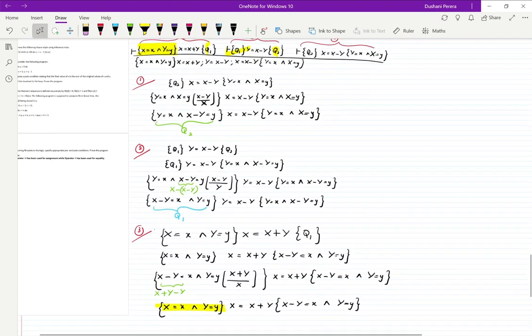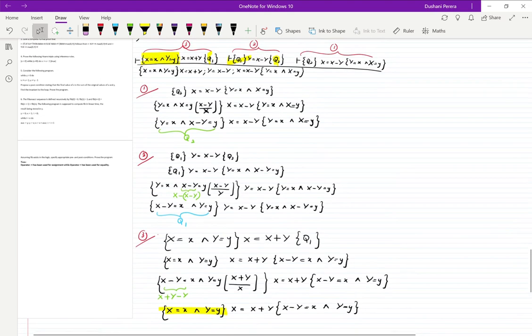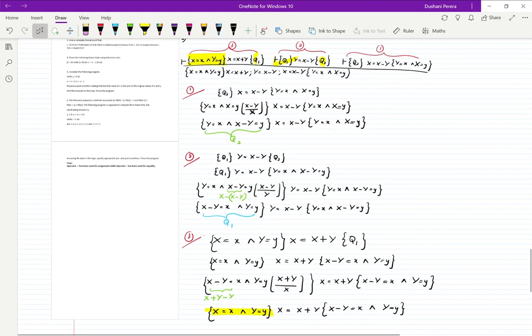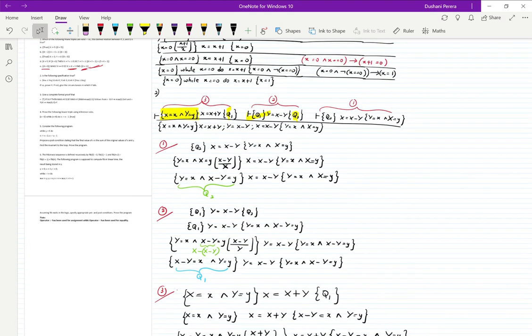So we got the same answer after applying the rule for composition and the assignment rule. We got the same answer as the precondition of the third Hoare triple. Hence we say that the specification which was given in the question is true.